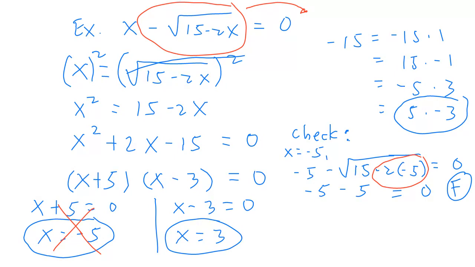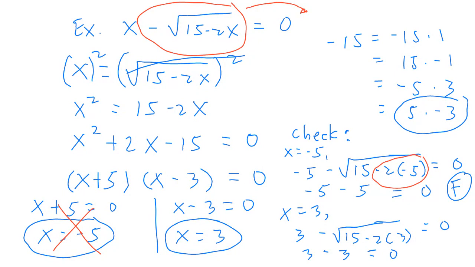So we're going to try x is equal to 3. So 3 here minus, so this is the original equation, the square root of 15 minus 2 times 3 equals 0. So 3 minus the square root of 15 minus 6. So that should be a 9. Square root of 9 is a 3.